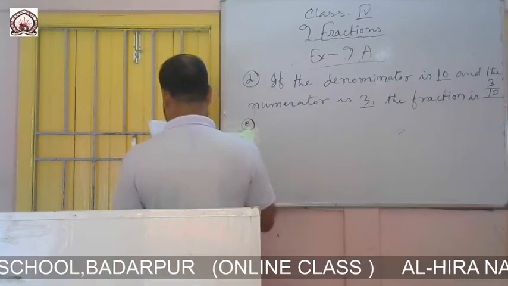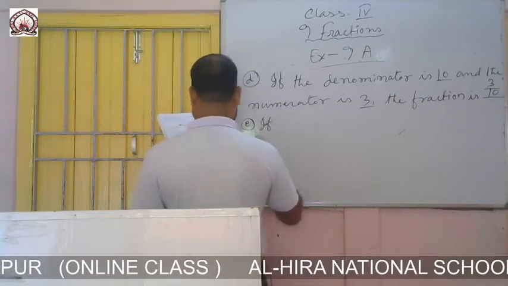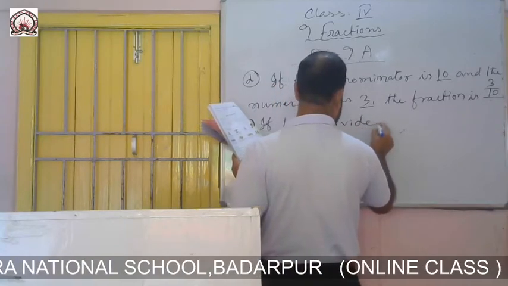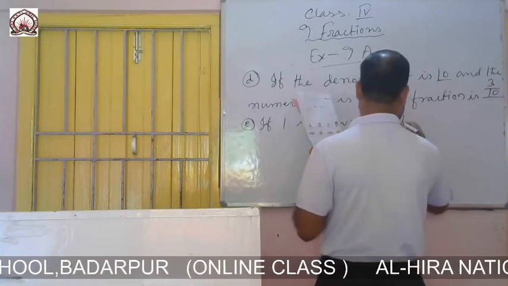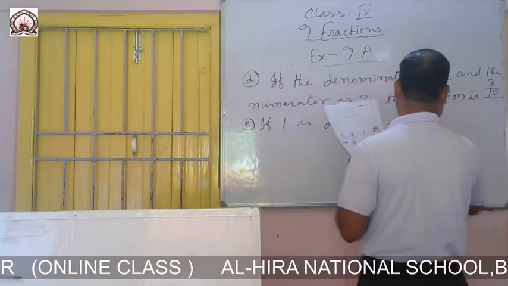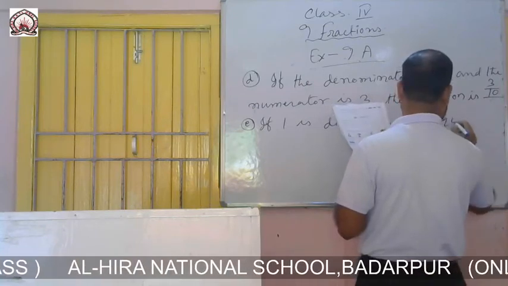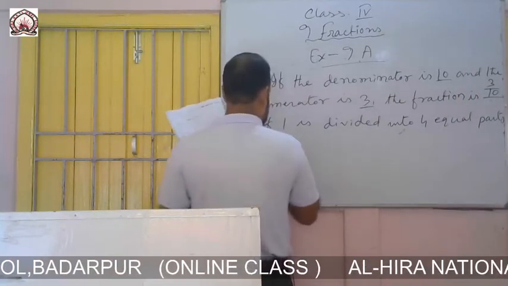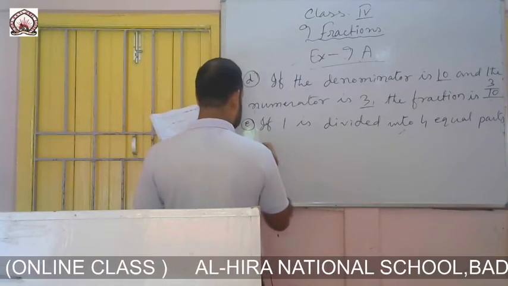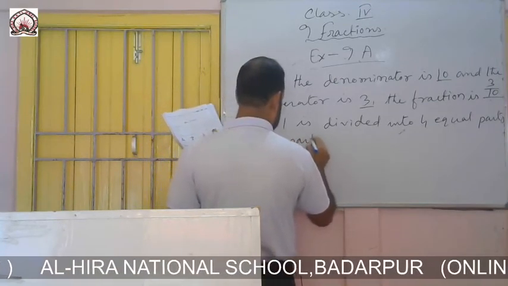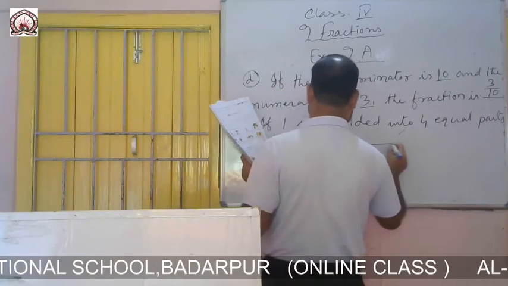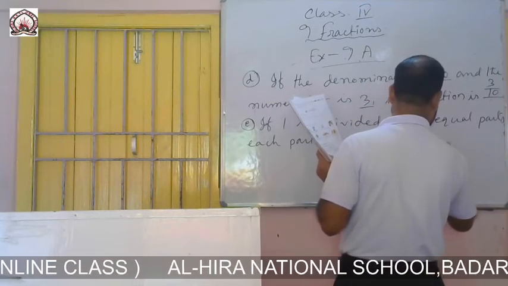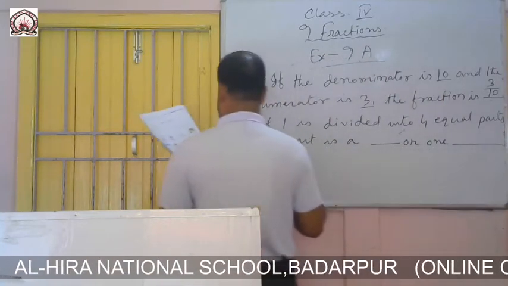Question number E. If 1 is divided into 4 equal parts, each part is a dash or 1 dash of the whole.